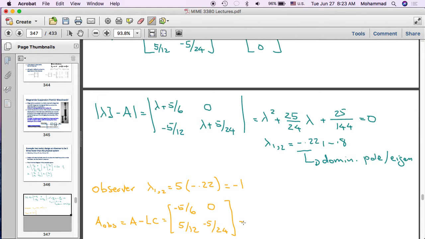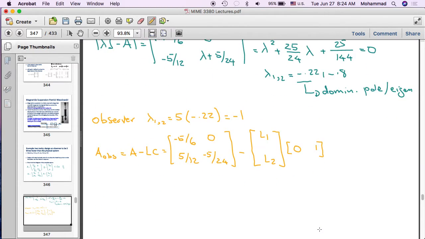As I mentioned before, let me repeat, A is a matrix, and in order for the dimension of L times C to become the same as the dimension of A, which is 2 by 2, L has to be 2 by 1. So we have L1, L2, which then gets multiplied by our C, which is 1 by 2. Our C is 0, 1. This is the configuration that gives us an observable system when the output is H2.